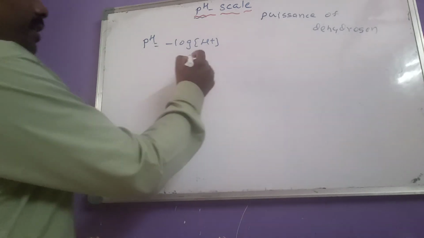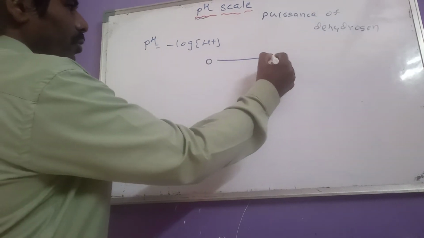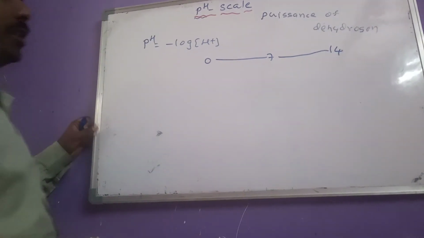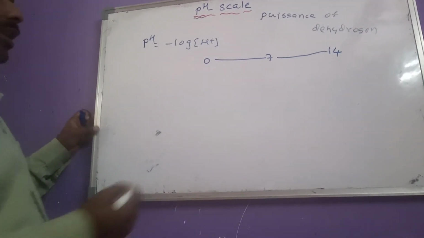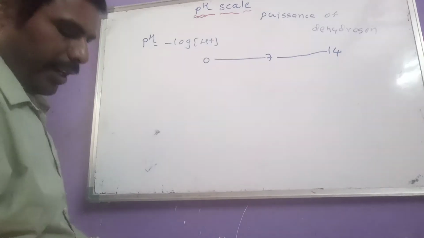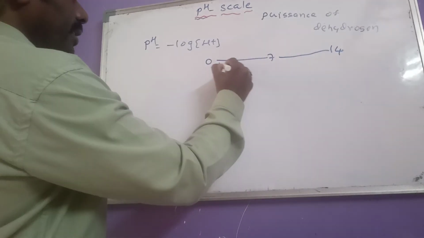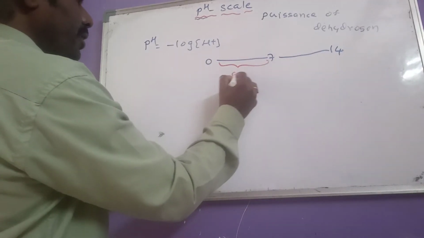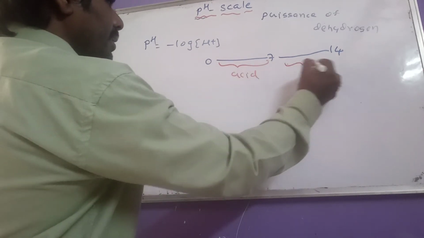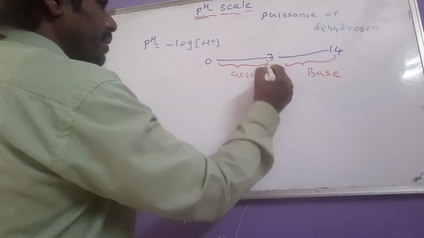And what are the pH values and from where to where are the values present? The pH scale values are from 0 to 7 and 7 to 14 also. That means 0 to 14. The 0 to 7 range comes under acid, and the 7 to 14 range comes under base.